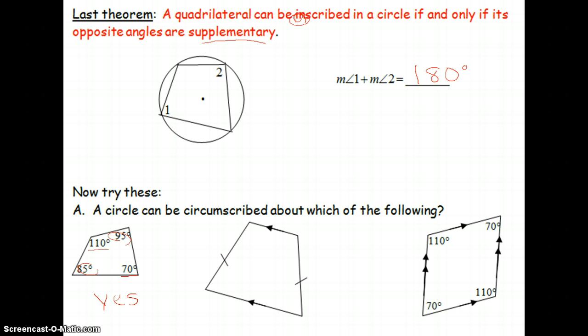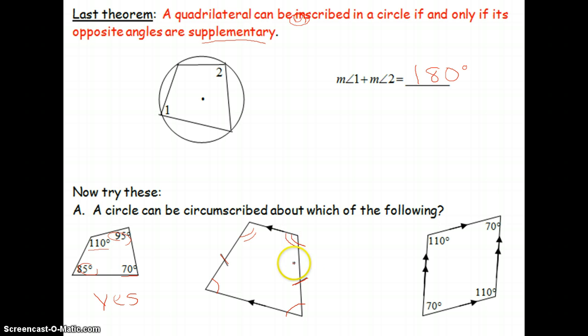If we look at our second diagram, we see we've got an isosceles trapezoid, as indicated by the congruent tick marks here, and one set of parallel sides, opposite sides. If you recall from your isosceles trapezoid properties, you'll notice that our base angles would be congruent for each base.